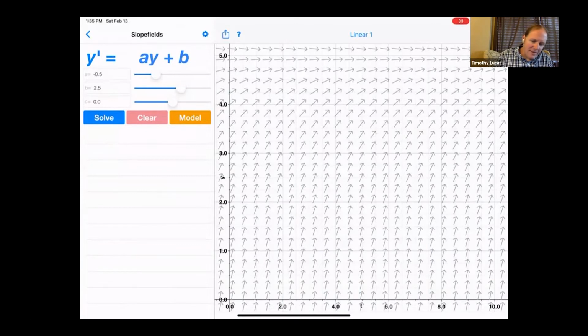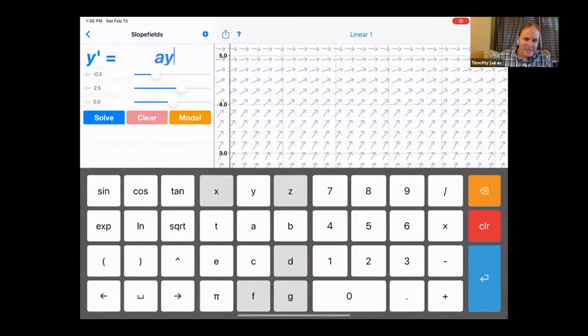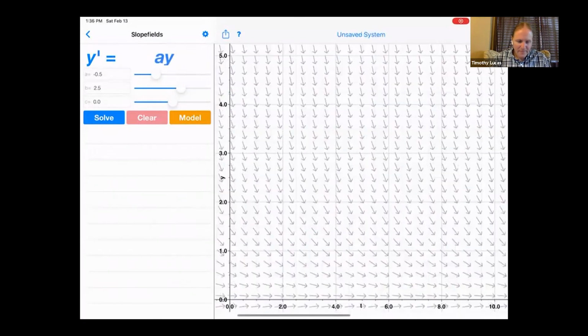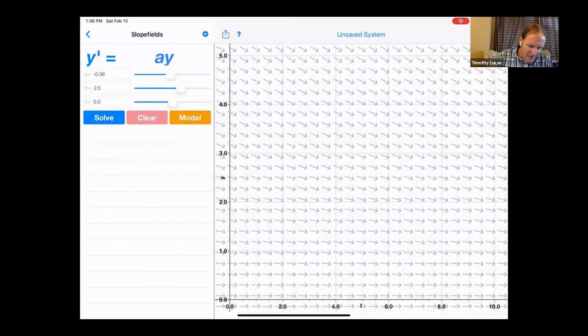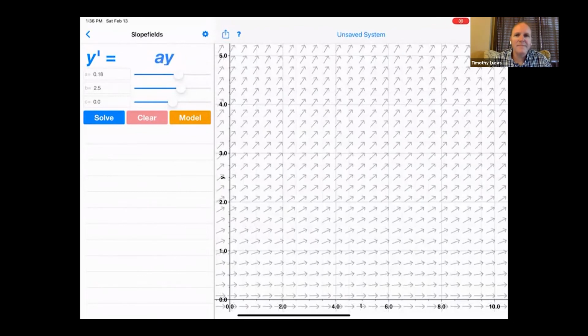We usually start with some sort of really simple exponential growth. I'll change it to growth, sorry. And then I start asking them questions. Okay, they have a slope field in front of them. What do the arrows represent? What are the patterns that they're observing with the arrows?